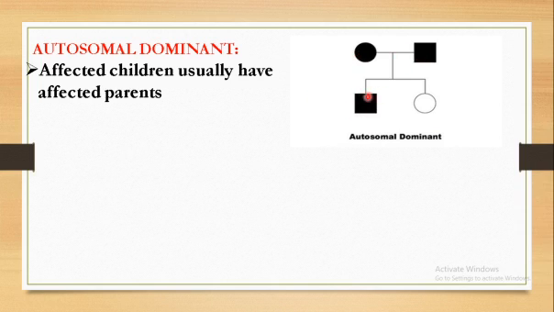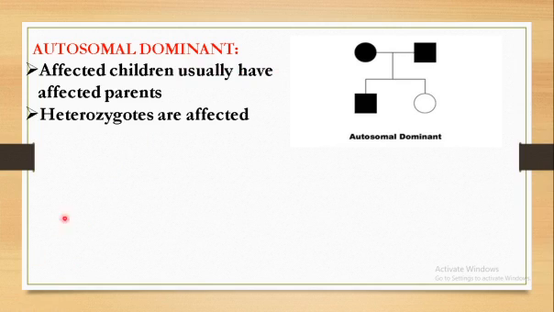So this affected child has an affected parent. Whenever you are trying to find out whether the trait is autosomal dominant, first we look for whether the individual who is showing it has a parent who also carries the character. In that case, we can be almost sure that the trait is a dominant one.